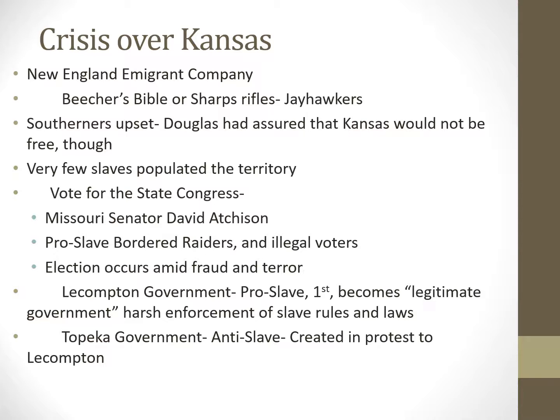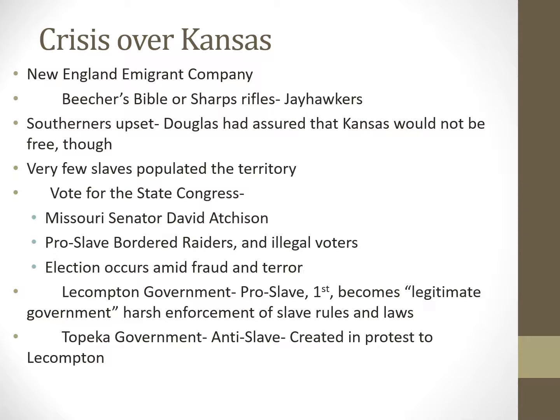The basis for which it had come to power was on illegal votes and terror, basically. The Lecompton government had proposed a very harsh enforcement of slave rules and laws that included the death penalty for supporting abolitionary activities in the territory, in the state.